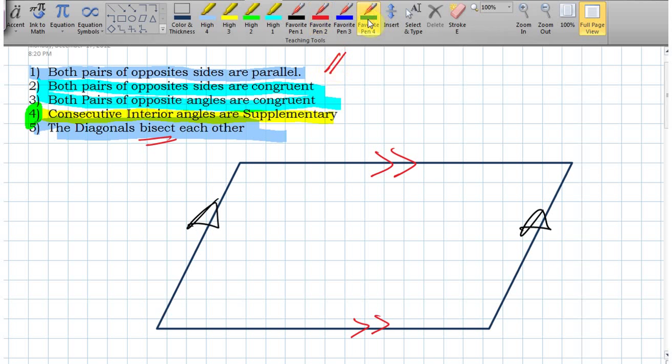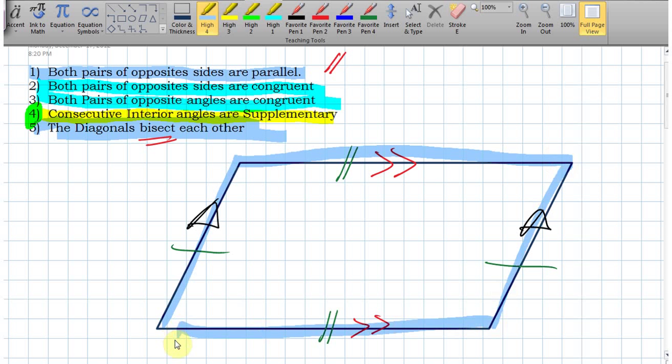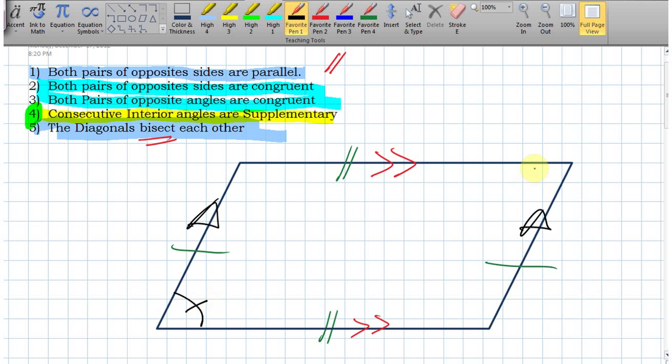Now what's the next one going to say? Both pairs of opposite sides are going to be congruent. So that means these 2 sides have to be congruent and these 2 sides have to be congruent. It doesn't necessarily mean that all 4 sides are the same. We just want to know that both pairs of the opposite ones are the same. The next one's talking about the opposite angles, and those 2 angles have to be congruent.